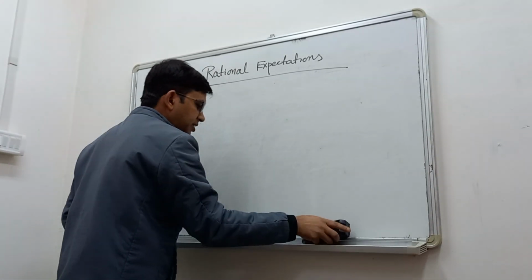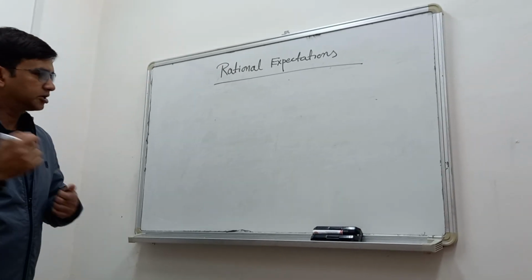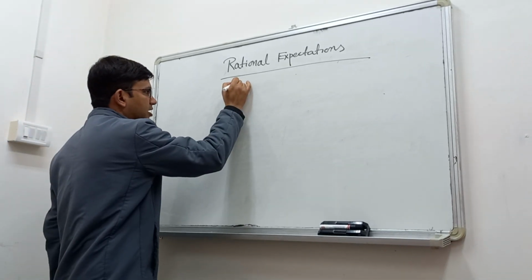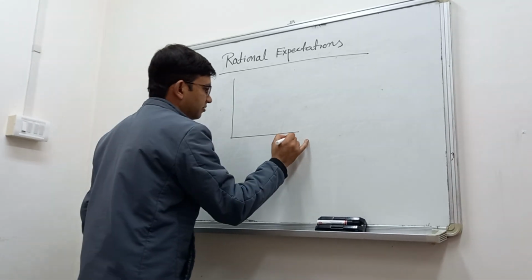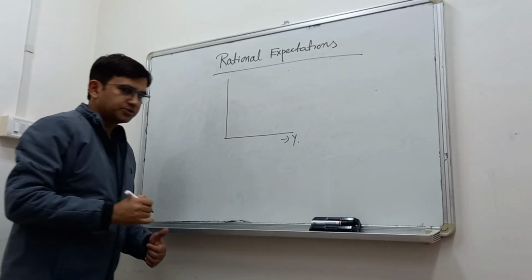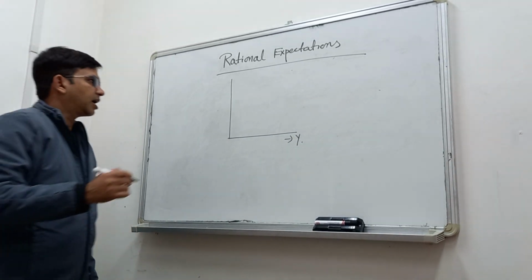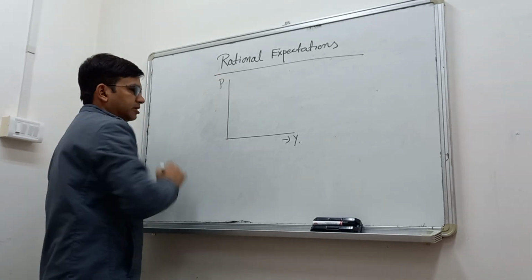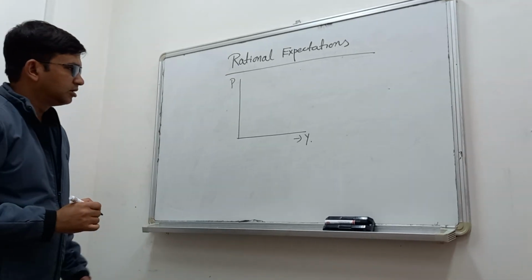So that's why if we consider the short run supply curve and long run supply curve. So here in horizontal axis we are measuring Y and vertical axis we are measuring the price level.